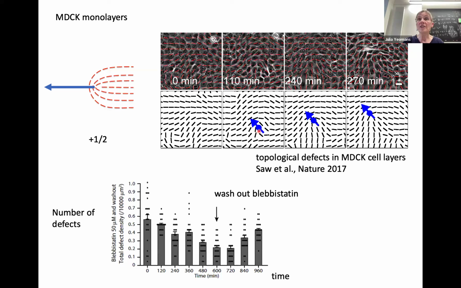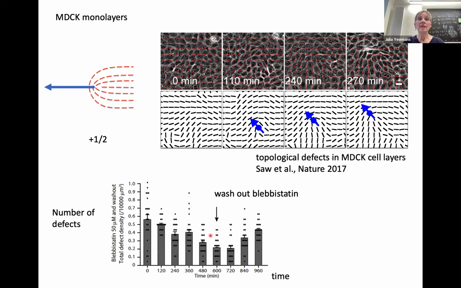And you can look at topological defects, and this topological defect is happily moving towards its head. Okay, that's weird, right? Because cells are contractile. A cell will do this. So you certainly do get the defects, but they seem to be moving in the wrong direction.